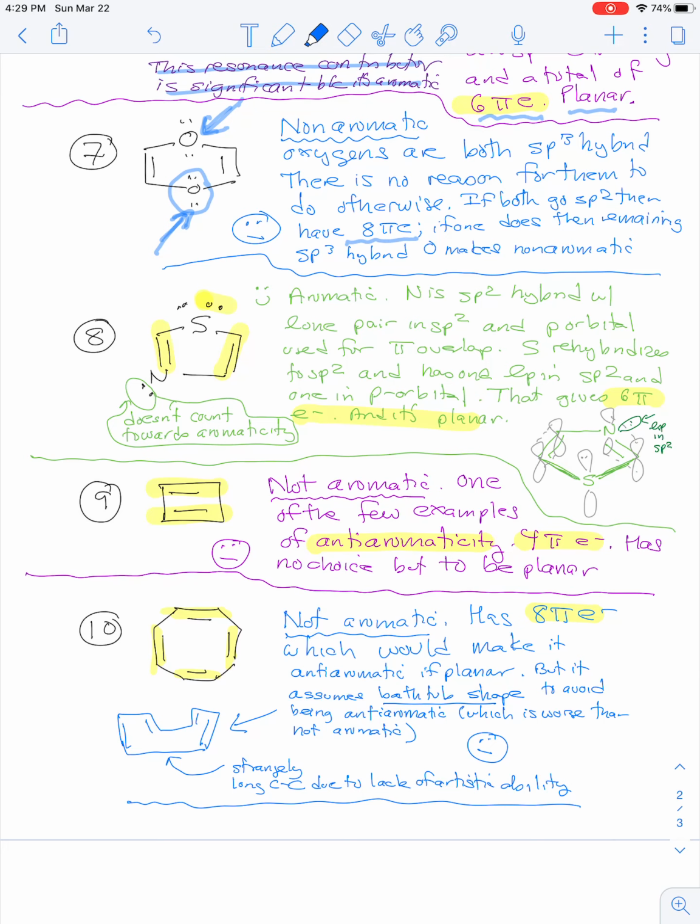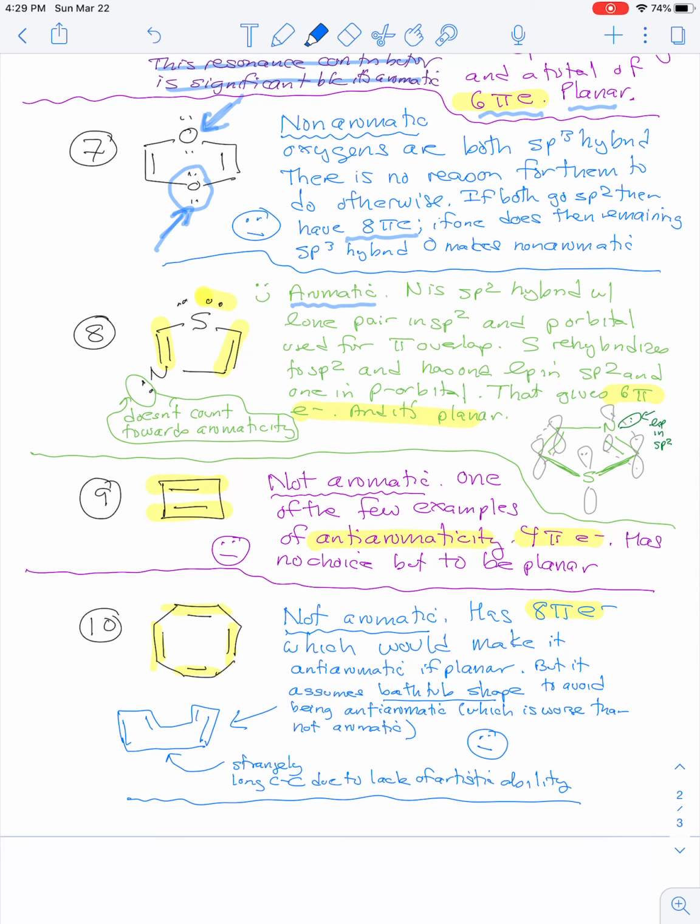So this molecule with 2 heteroatoms in it is aromatic, which I forgot to put a wavy line under. The nitrogen is sp2 hybridized with a lone pair in sp2 and a p orbital that's used for pi overlap. So this lone pair doesn't count towards aromaticity because the lone pair is out to the side.